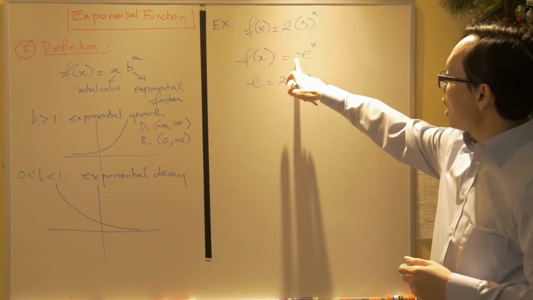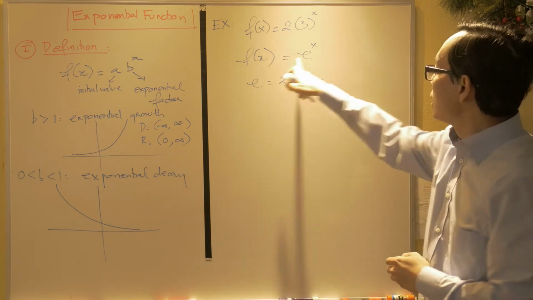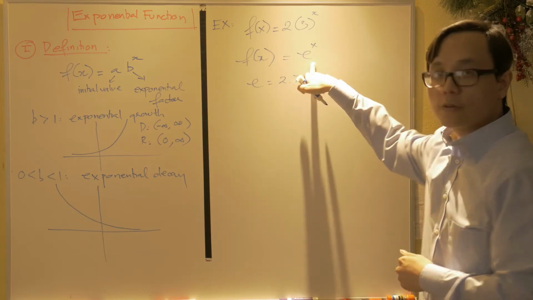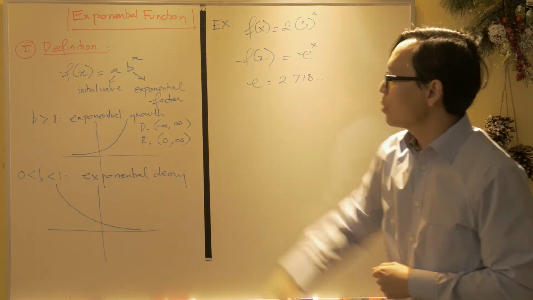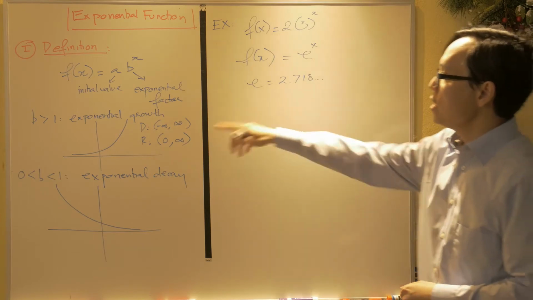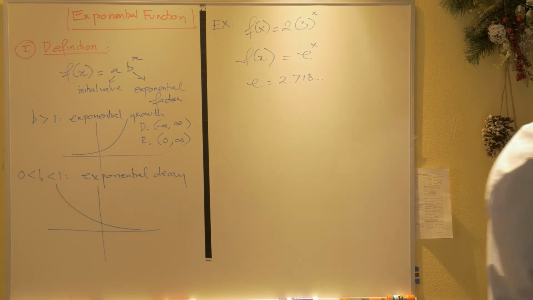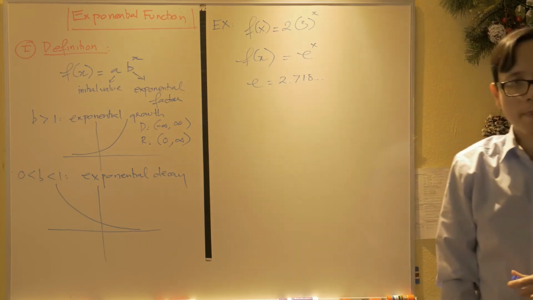So over here, our initial value is 1. I didn't write it. Our base, our exponential factor, is E. And over here it is exponential growth also, because your E, 2.7, is greater than 1. Okay. So I gave you two typical examples of exponential function.